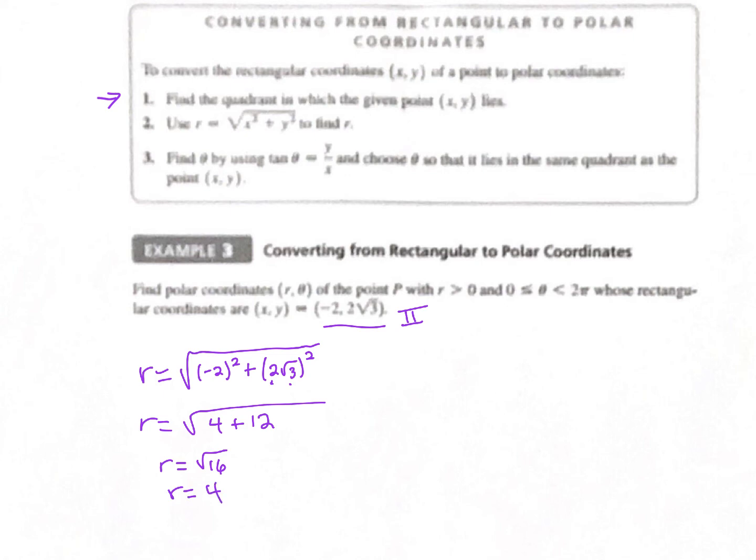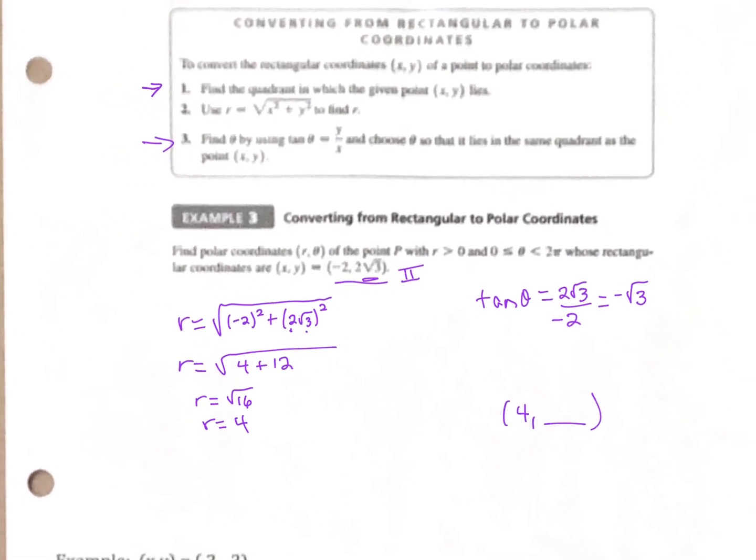So we know our coordinate point is going to be written in the form 4, comma, and now we've got to get our angle measure. To get our angle measure, the last step is that we use the tangent ratio, because we have our y and our x. So tangent of theta is y, which in this case is 2 root 3, over x, which is negative 2. If we simplify that, we get negative root 3.